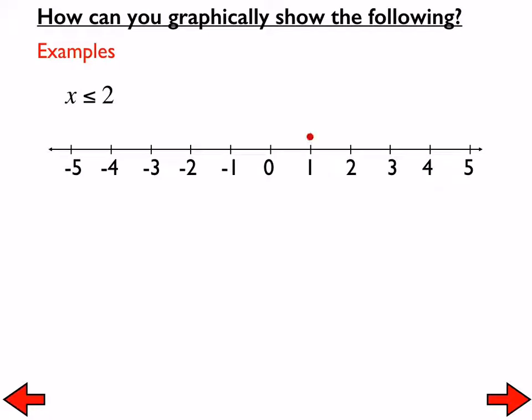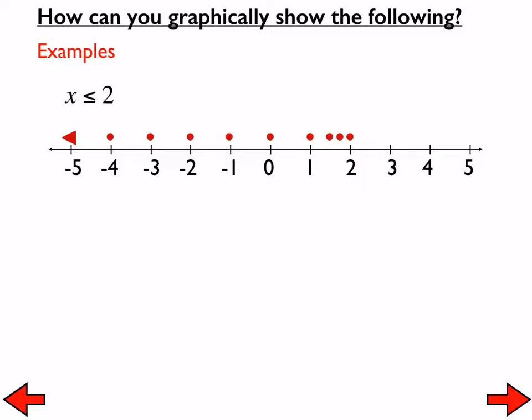But for this one, the reason why I'm doing this is that 1 is a solution to x is less than or equal to 2. So is 0. So is 2 for that matter, because it is less than or equal to. So are all of those numbers. But not just that. Also, decimal or fraction values in between are also solutions, like 1.5 or 1.8 or 1.999 and so on.